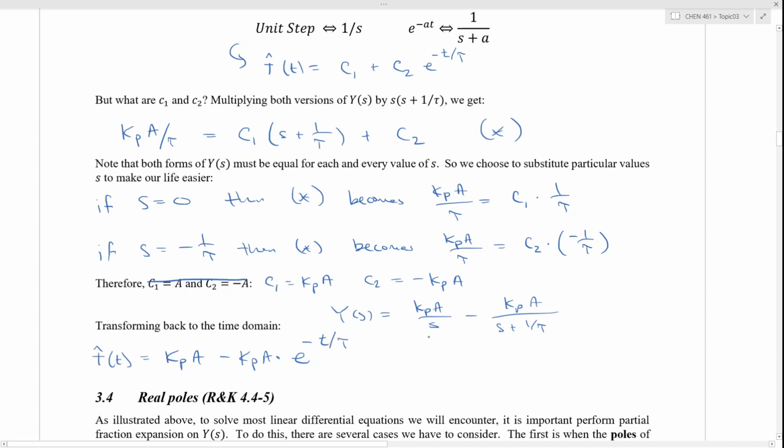My bad. Okay, and then you can simplify this further to get Kp times A times 1 minus e to the negative t over tau. And that is our final answer for T hat as a function of time. Now note, if I want to get T as a function of time, then T as a function of time is equal to T hat as a function of time plus T bar.